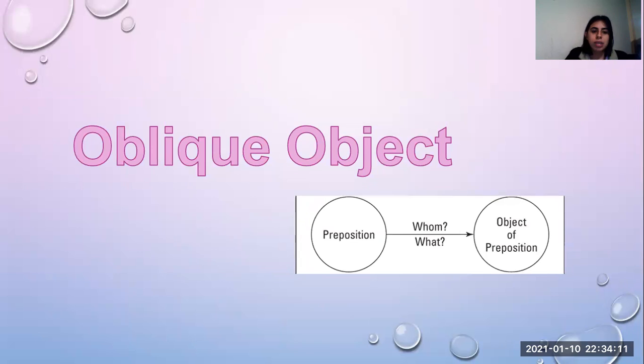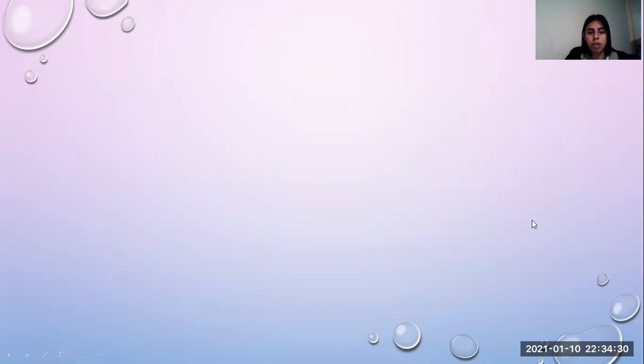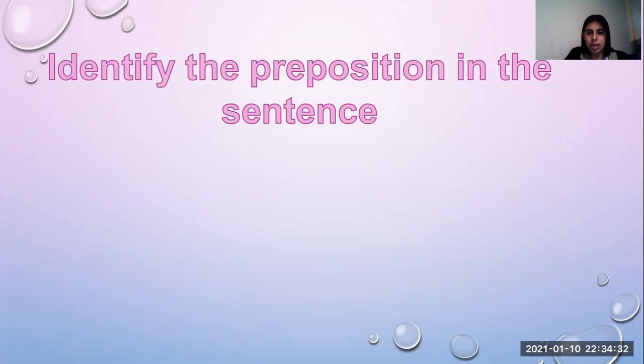So the last one is the oblique object, or that is called object of preposition. So we can find both terms. We have to know we have the preposition and then the object of the preposition.